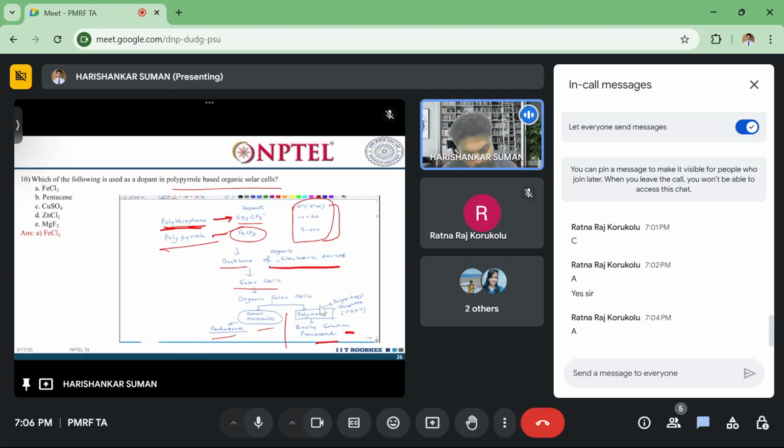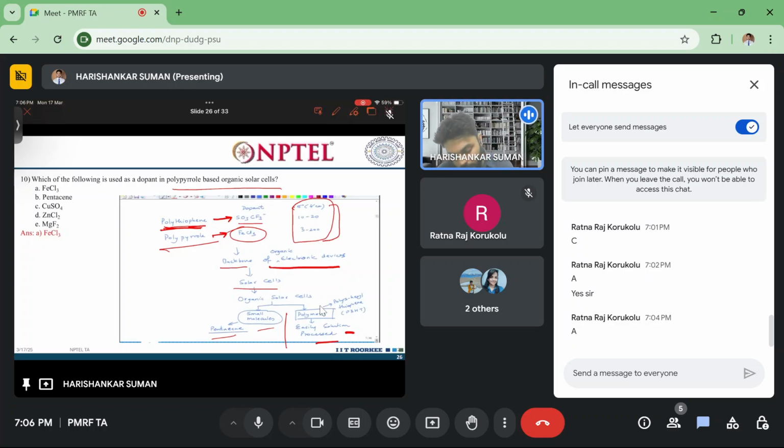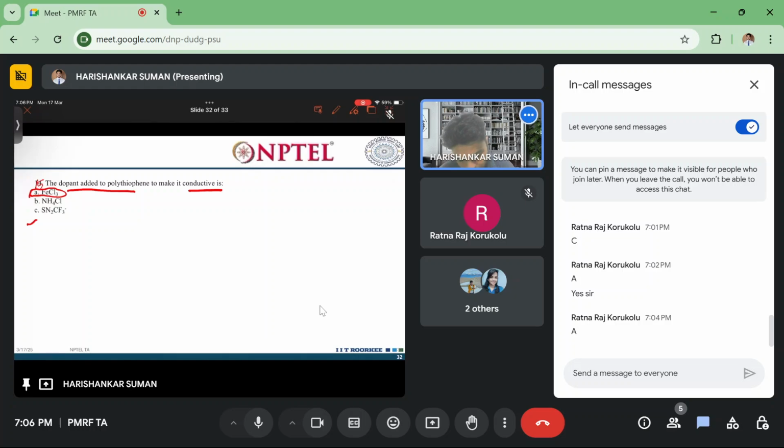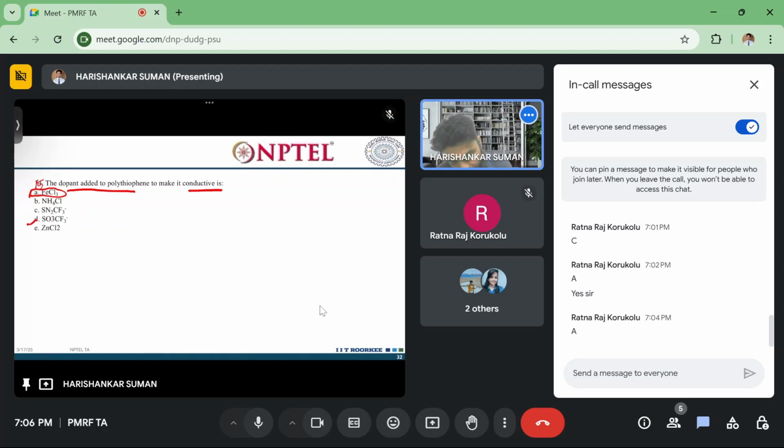Okay, and FeCl3, polypyrrole. Last question is what is this? Last question. This is polythiophene. Okay, so this is used as a dopant.